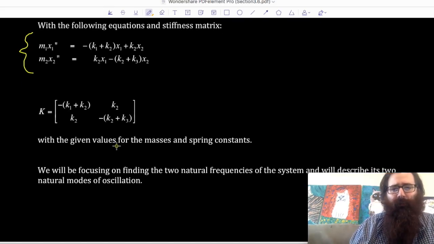So I want to be clear here with the stiffness matrix, capital K, that we really need, in order for this to truly be the stiffness matrix, that mass m1 and mass m2 both carry values of 1.